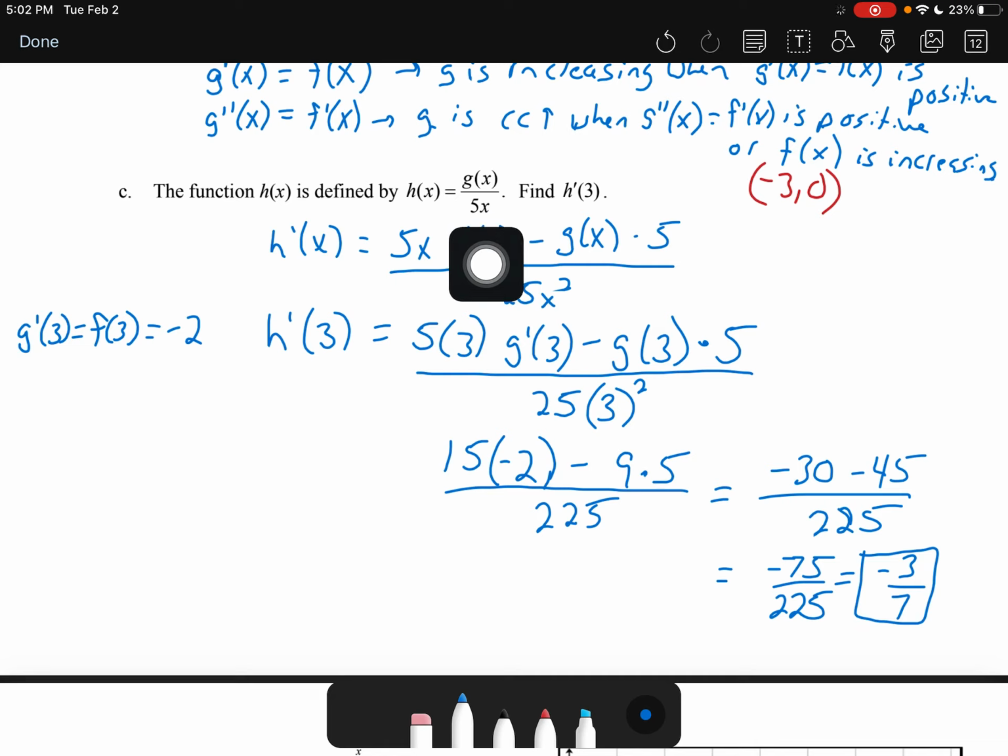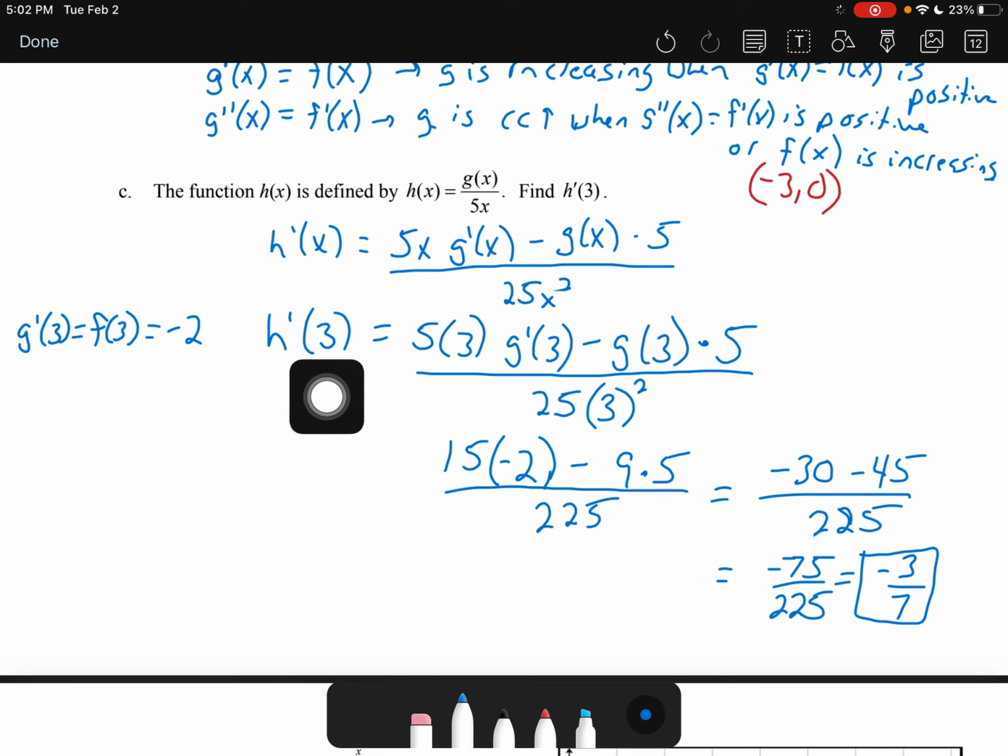So h prime of x, and remember the quotient rule, that little song: low d high, so low is 5x, d high is g prime, the derivative of high, minus high d low, so the derivative of the 5x is 5, all over the square of what's below, so all over 5x squared. So I've got 25x squared down there.